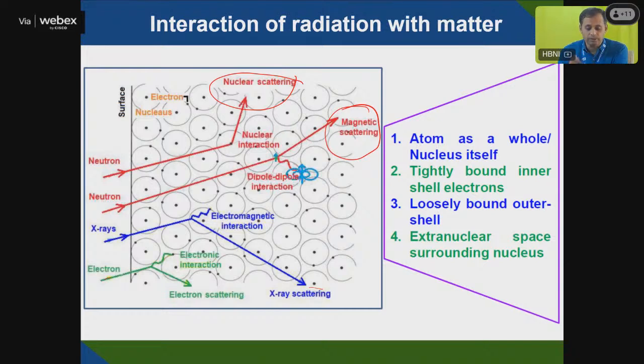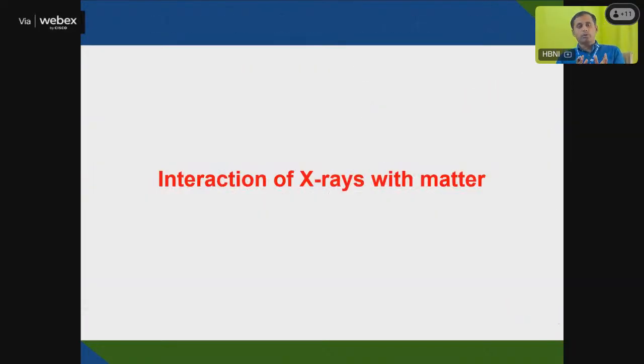The nucleus is here, and outside it the electrons are moving. Whether tightly bound or loosely bound, those electrons will interact with the radiation, or the extranuclear space surrounding the nucleus, where there is Coulombic repulsion. So you can see how this interaction takes place. Now we'll discuss X-ray, neutron and electron individually.